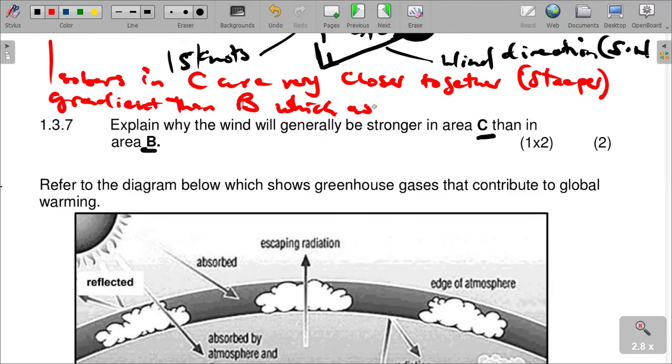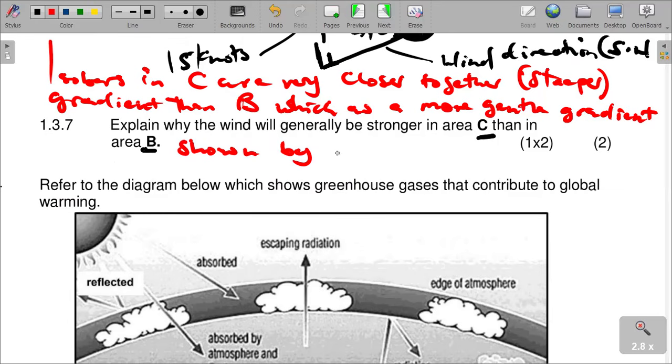which has a more gentle gradient. It's a more gentle gradient shown by far apart isobars.